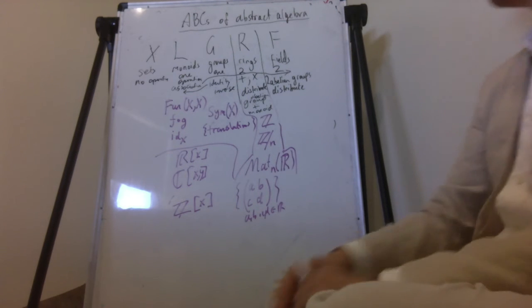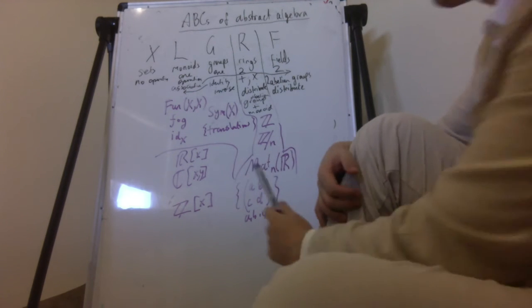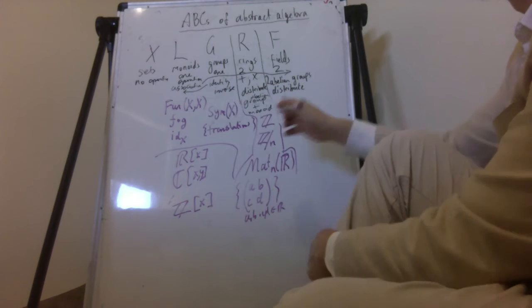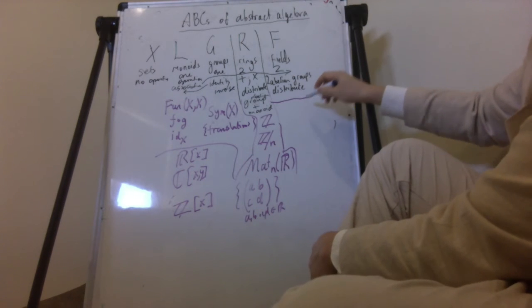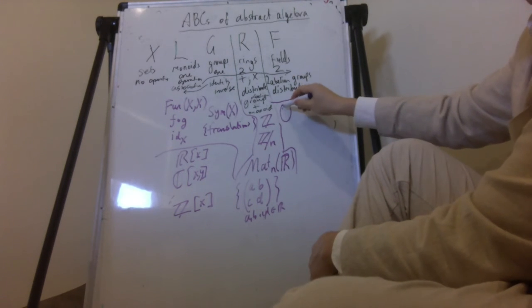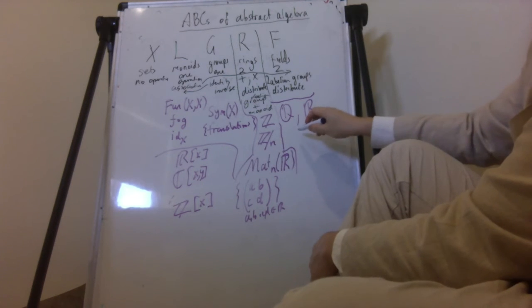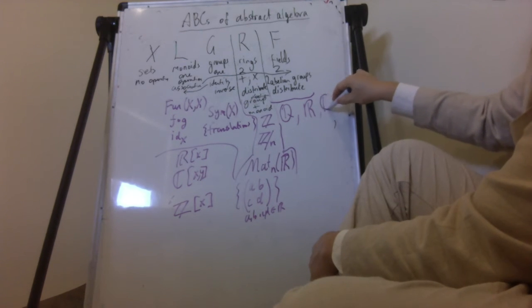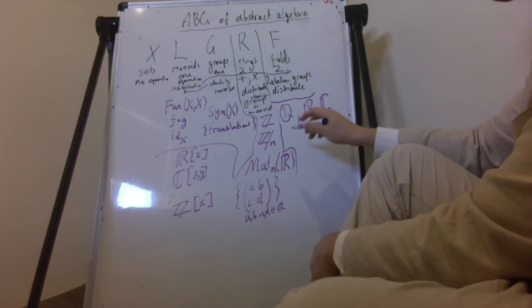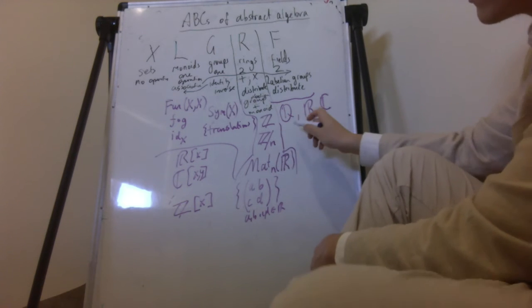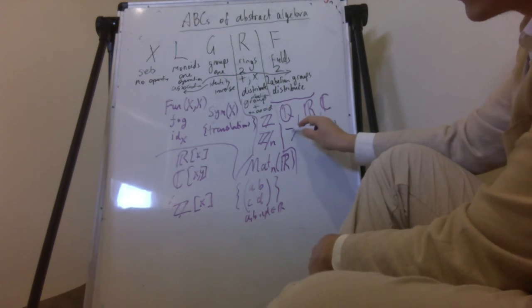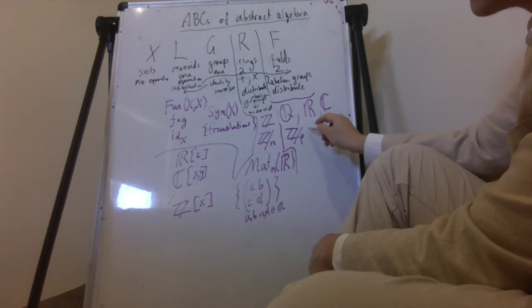Okay, and then you have fields. So fields are like the rational numbers, right? The real numbers, complex numbers. Some more weird fields would be like the integers modulo p.